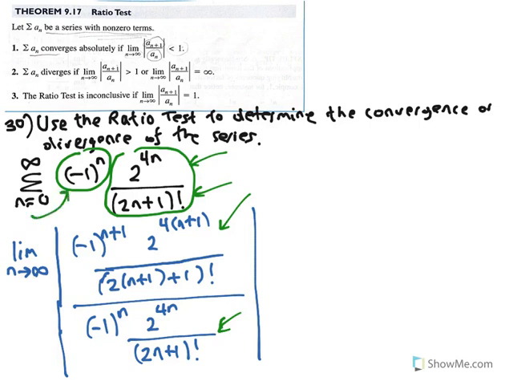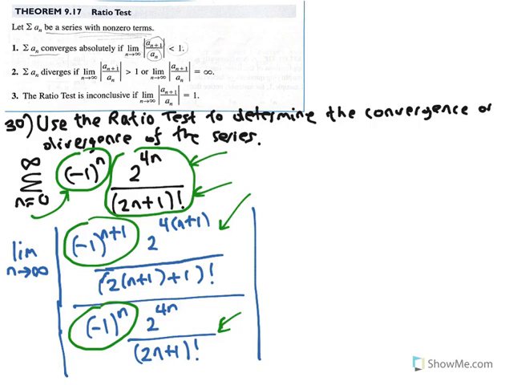But when you use the ratio test, you're taking the limit as n approaches infinity of the absolute value of the quotient of the n plus 1th and the nth terms. And because you're taking the limit of the absolute value of the quotient, you don't need this anymore, because that's the part that was responsible for giving you negative terms.